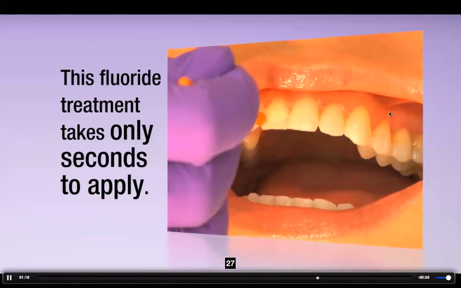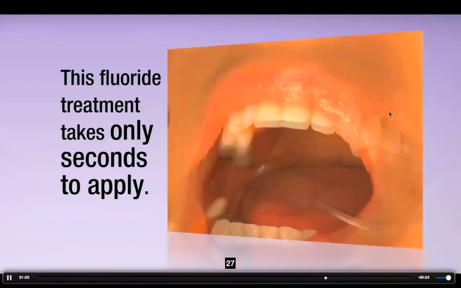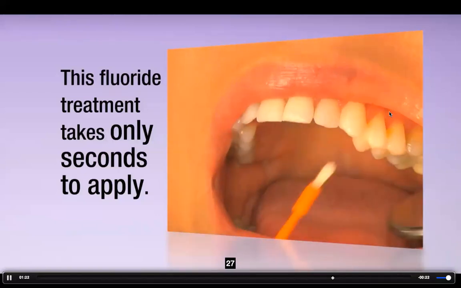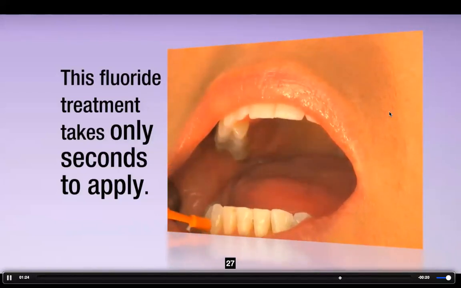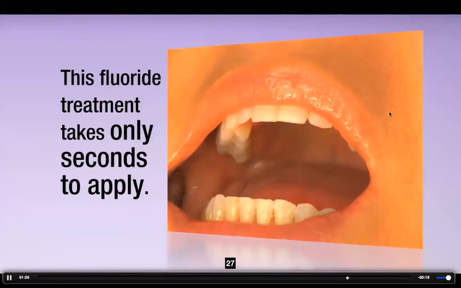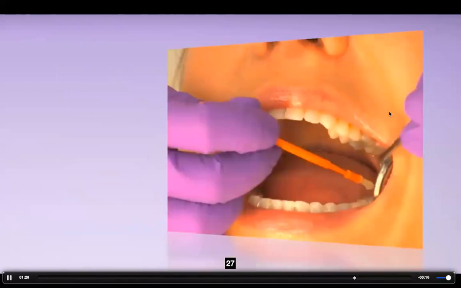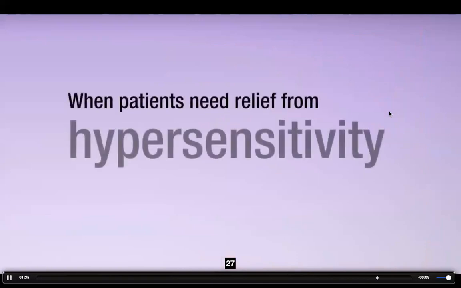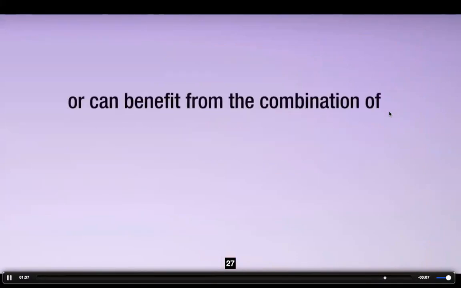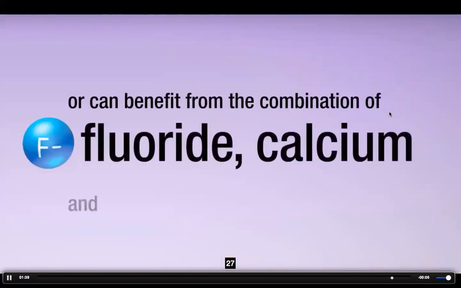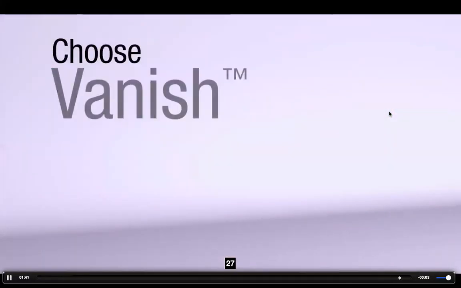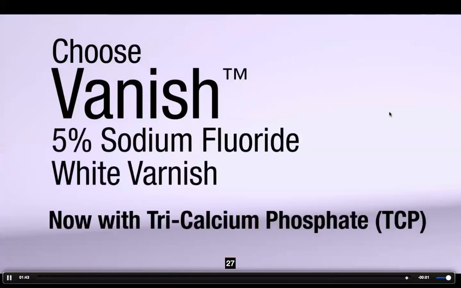For larger surface areas, apply Vanish White Varnish in sweeping horizontal brush strokes across multiple teeth. Then, let the flow properties do the rest of the work, delivering fluoride, calcium, and phosphate to the important areas of each tooth. When patients need relief from hypersensitivity or can benefit from the combination of fluoride, calcium, and phosphate, choose Vanish 5% sodium fluoride white varnish.